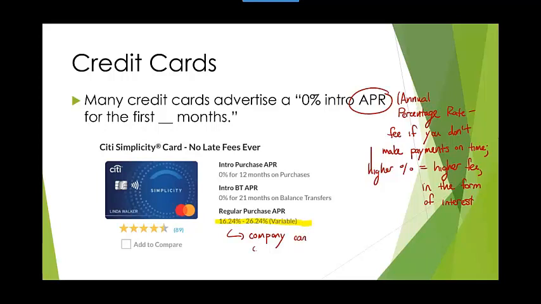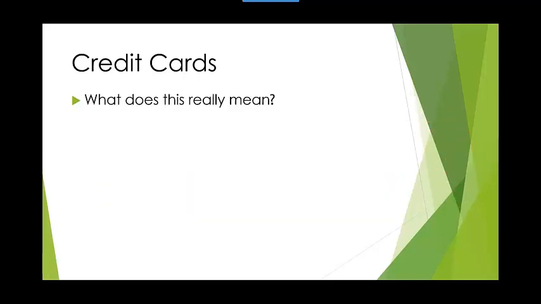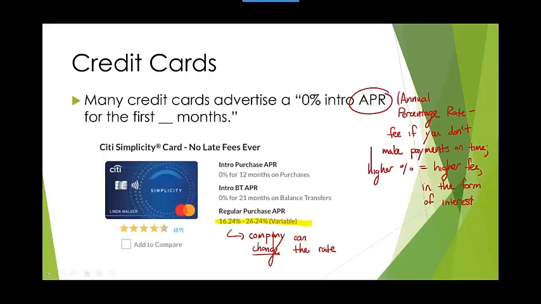So the company can change the rate. And realistically speaking, it's not usual that rates go down. They usually go up. So the company can change the rate and charge anywhere in that 16.24 to 26.24 range.